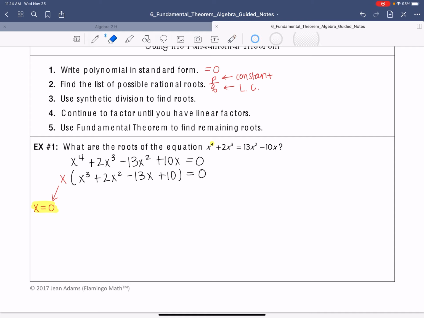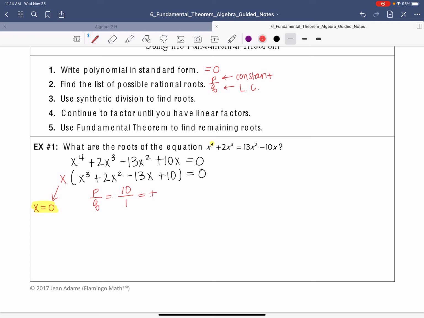So we're going to do P over Q next. So P is our constant, so we have 10 over 1. So ultimately, we're just going to list out all the factors of 10 because all of them over 1. Remember, you guys need to take the plus or minuses.